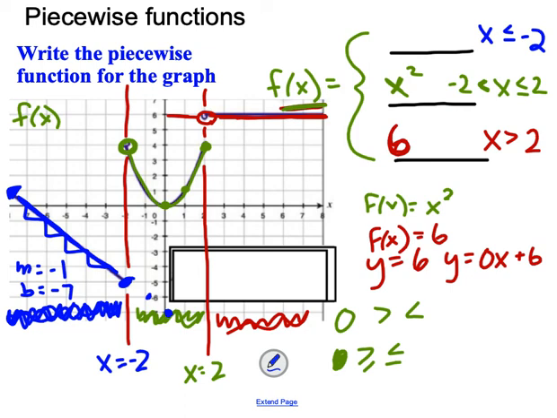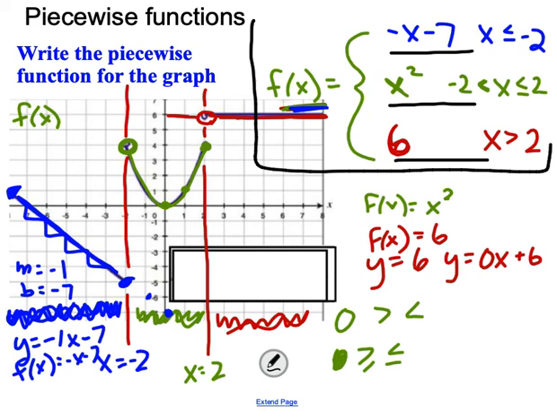So that equation is y equals -1x minus 7, or you could say f of x equals -x minus 7. And since the f of x is already there, we're just going to write a -x minus 7. So that is the full piecewise equation.